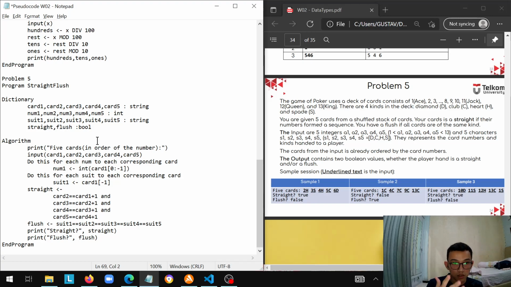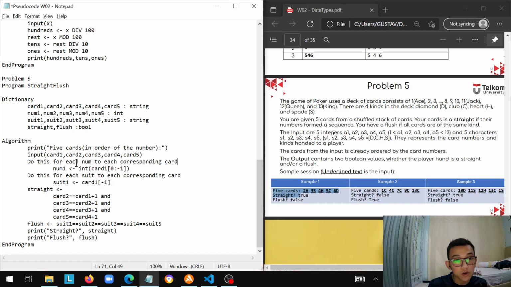This one I'm asking you for a prompt, because based on the test case here, there's a prompt with 5 cards, and I add a little extra here in order of the number of cards. And we're asking for the input after the prompt comes out. Then this is something that you need to understand.